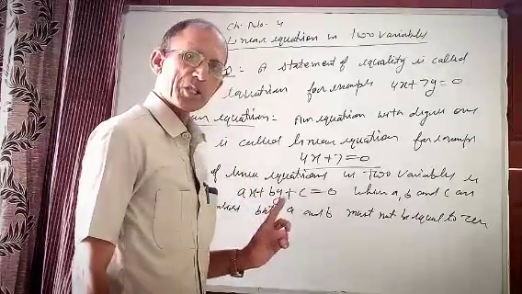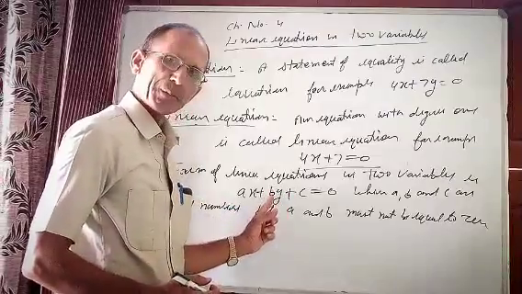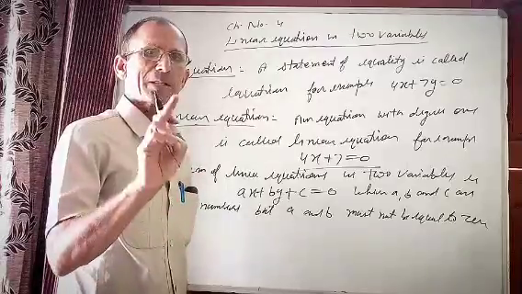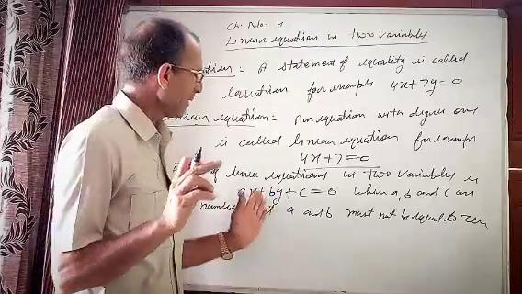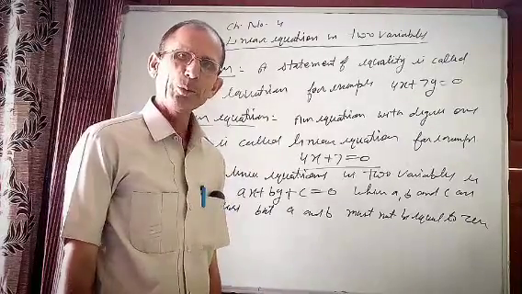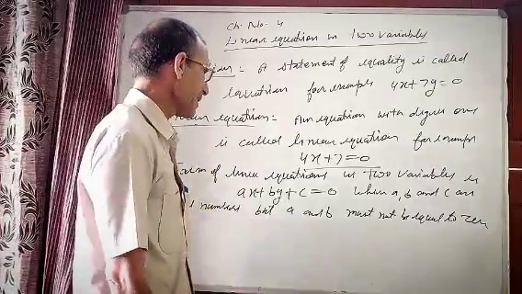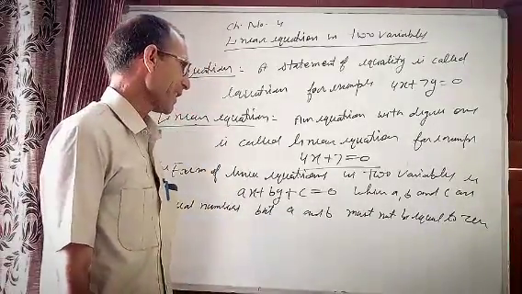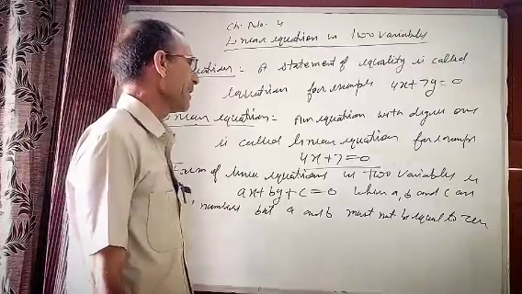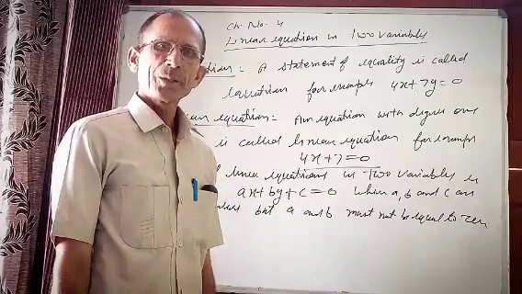If a and b were 0, then multiplying a with x gives 0, and multiplying b with y also gives 0. So a and b must not be equal to 0. Then only the constant term is left, so we can't say this is a linear equation in two variables. So the form of a linear equation in two variables is ax plus by plus c is equal to 0, where a, b and c are real numbers, but a and b must not be equal to 0.